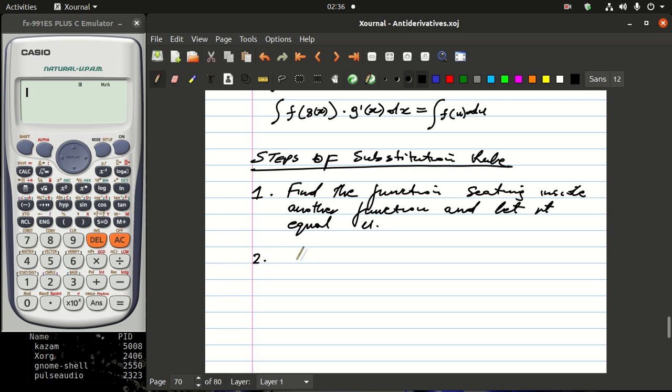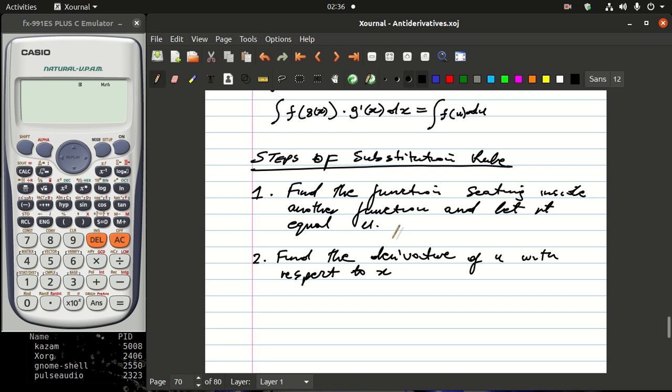The second step is find the derivative of u with respect to x. When I'm saying with respect to x, I'm really saying with respect to the independent variable of that function.